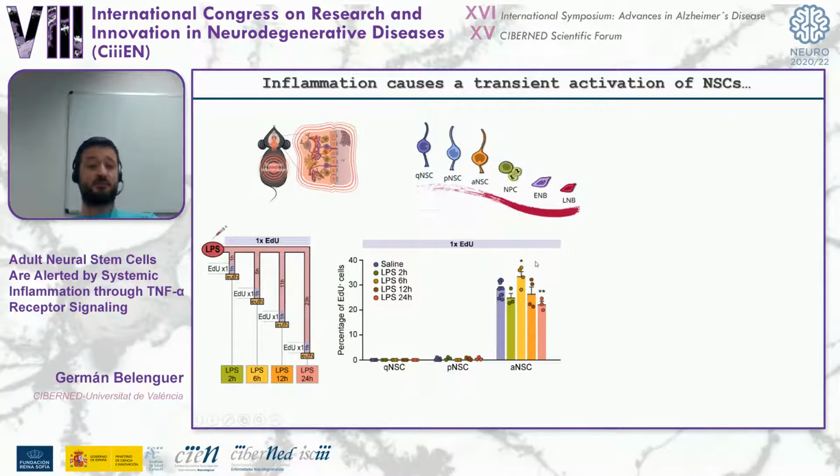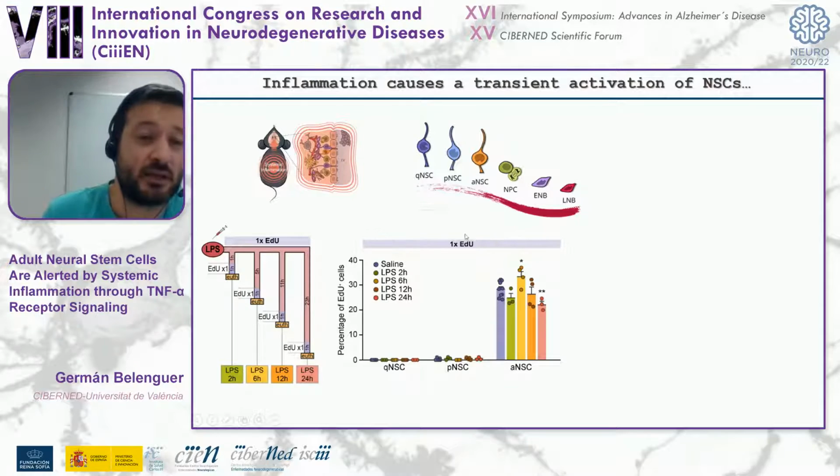So to test this possibility, we combined our protocol with mice that were injected with LPS to induce systemic inflammation. And to test whether this could activate our cells, we injected EdU 1 hour before sacrificing the mice at different time points.